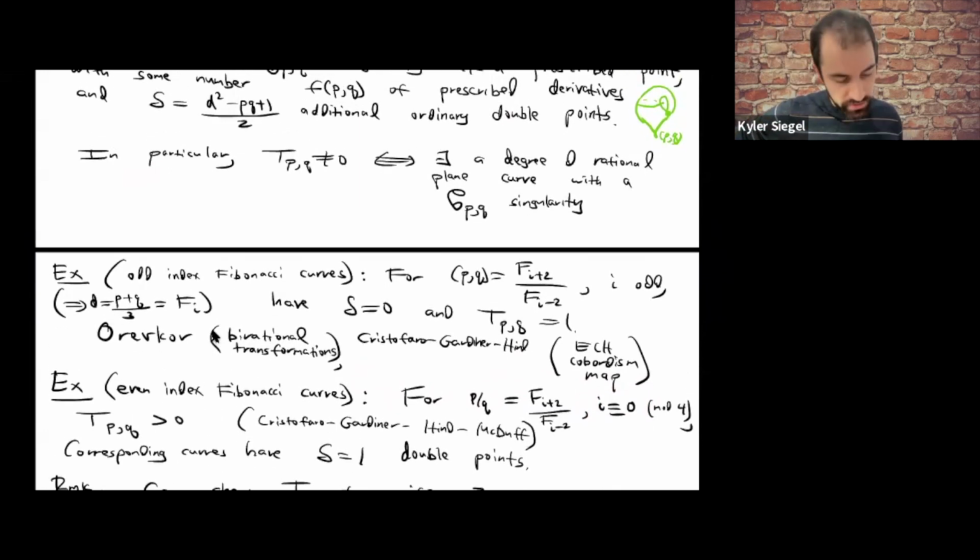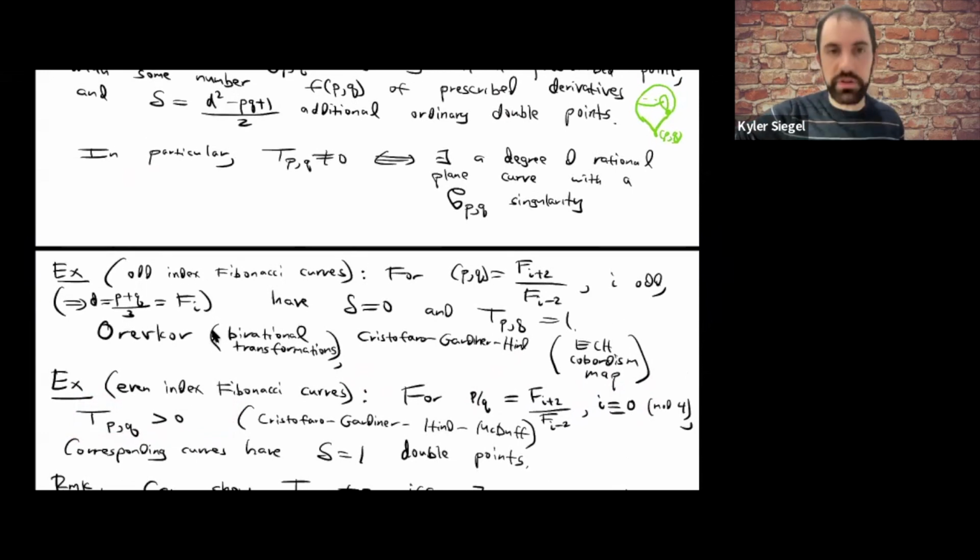And they showed that, at least in this language, the result is equivalent to saying that this TPQ is positive in that case. In this case, these curves are not unicuspidal, so they have one additional double point. So they have a PQ cusp and then one other double point.